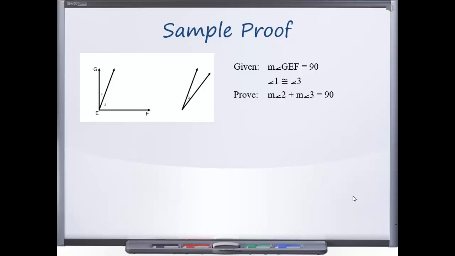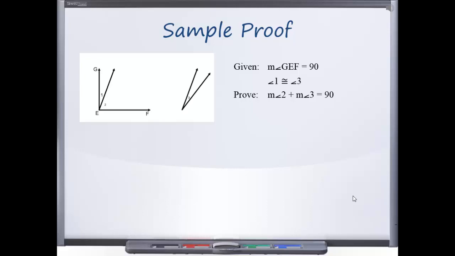So let's take a look at a proof that uses substitution. We are given that the measure of angle GEF is 90 degrees. We're also given that angle 1 is congruent to angle 3. So we want to prove that the measure of angle 2 plus the measure of angle 3 is 90 degrees.